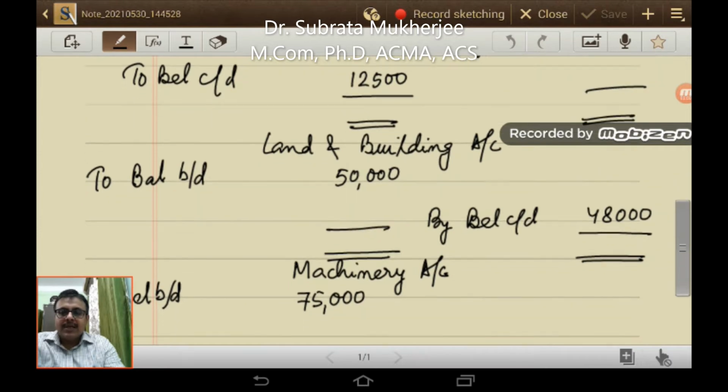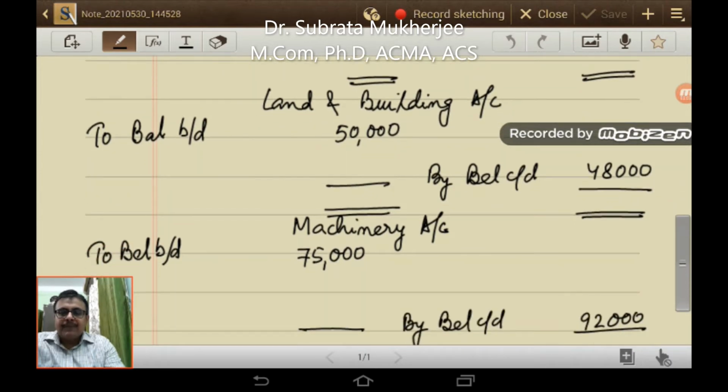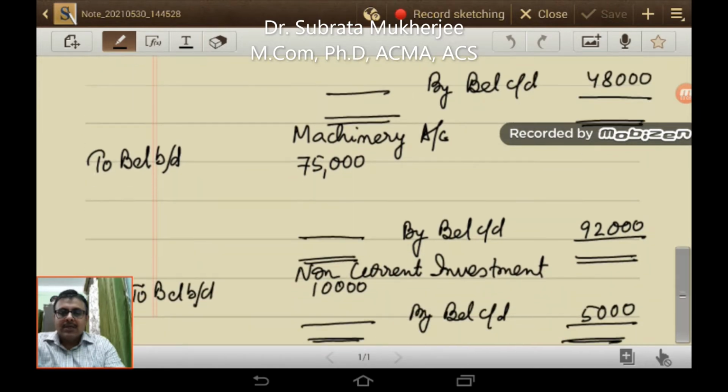Next is machinery. To balance BD 75,000 and by balance CD 92,000. Then non-current investment. To balance BD 10,000 and by balance CD 5,000. So here all the balances apart from current assets and current liabilities I have placed in the different ledgers that I have opened as opening and the closing balances as BD balance and the CD balance.